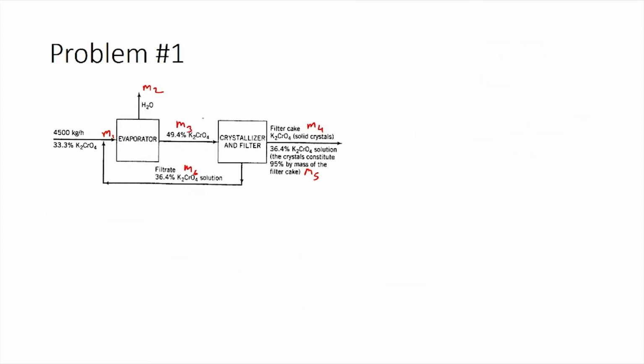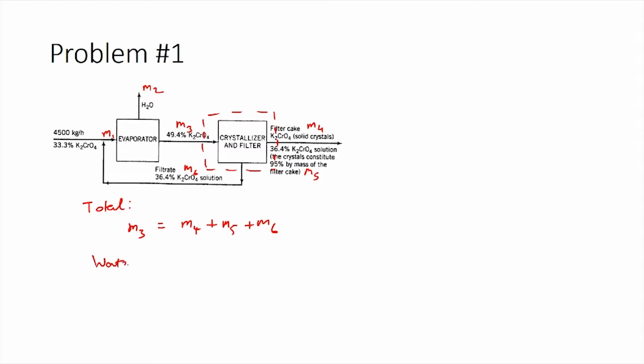Considering the crystallizer and filter as the system, I can write a total mass balance as follows. You have M3 entering and you have M4 plus M5 plus M6 leaving the system. You can also write the water balance for the crystallizer.